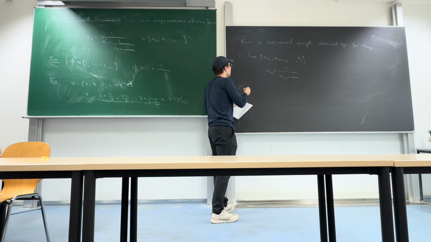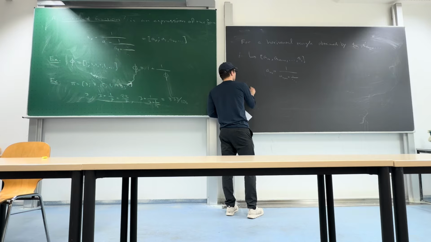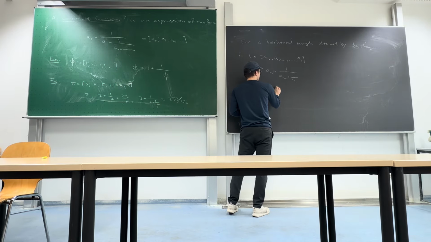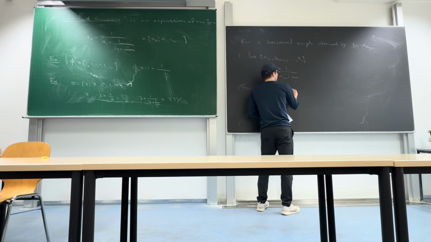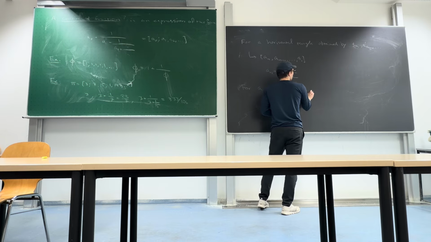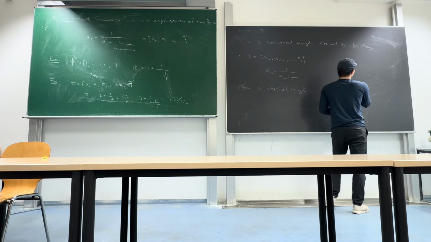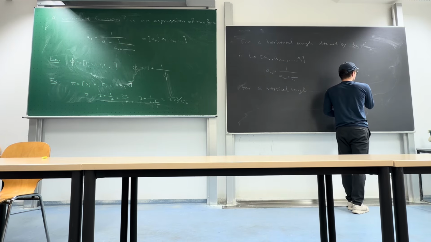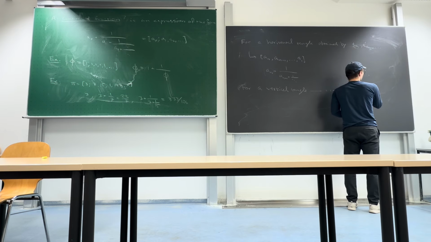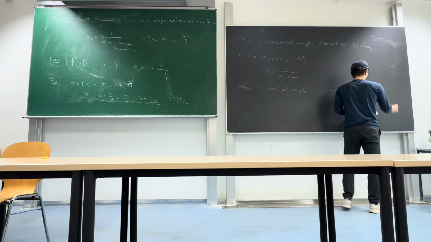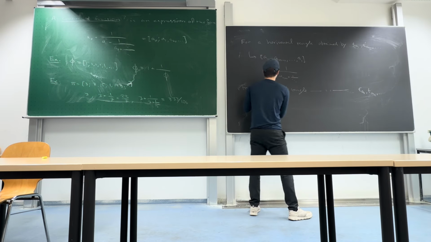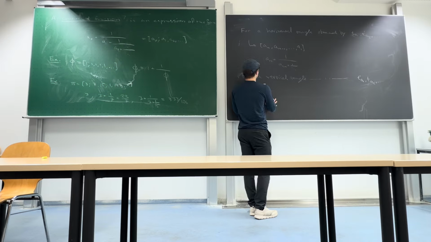And similarly, for a vertical tangle, which is obtained by, well, we need to start with T prime A1, and then we do TA2, and so on and so forth. Then we write something similar, but not quite the same.